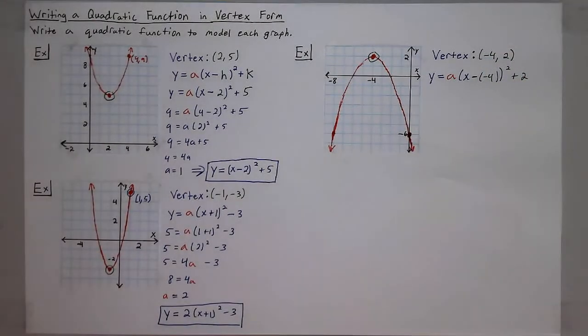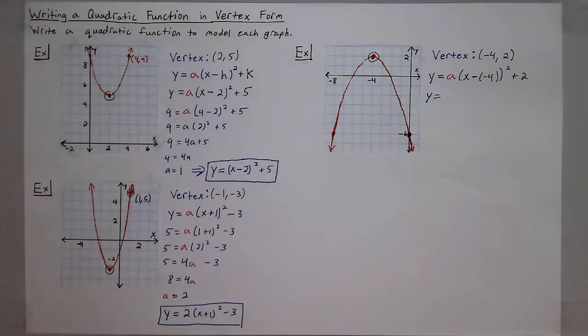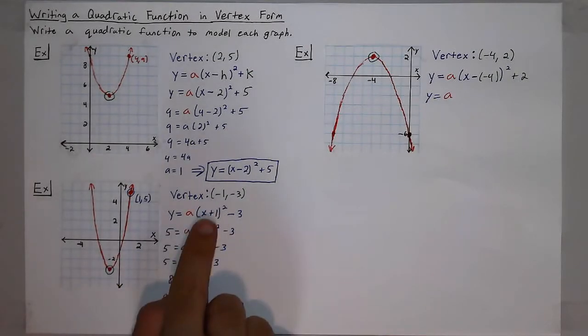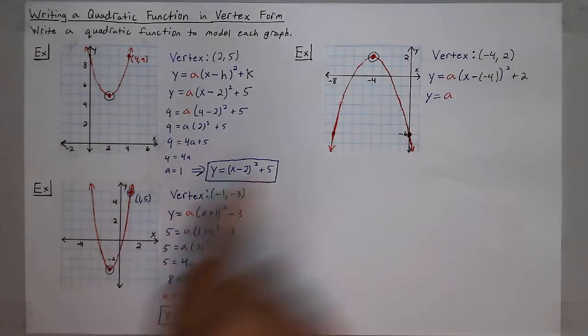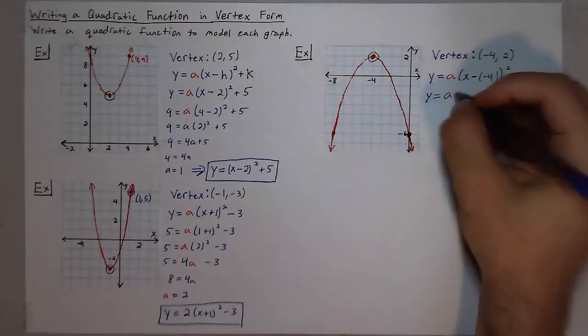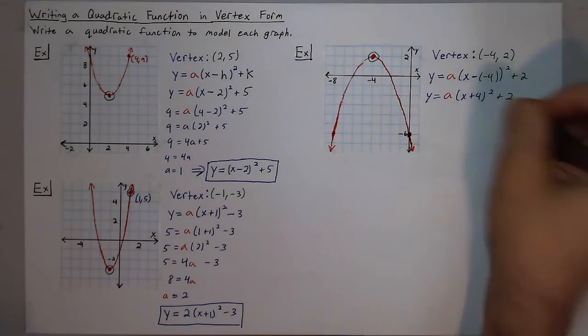You'll see here that x minus negative 4 is just x plus 4, which makes sense. And this adding of a number on the inside does shift our parabola to the left, like you're seeing in both of these examples. So we'll have x plus 4 squared plus 2.